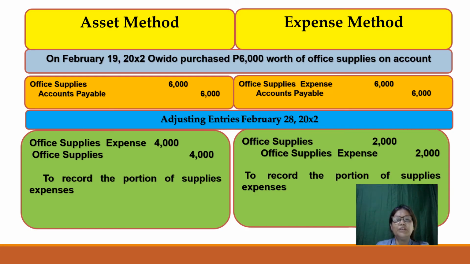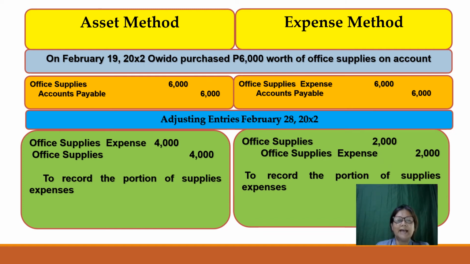Plus, what do you notice in my presentation? Yes, we have the portion for asset method and expense method. So, on February 19, 20x2, Uwido purchased 6,000 pesos worth of office supplies on account. Therefore, we're going to credit the accounts payable.